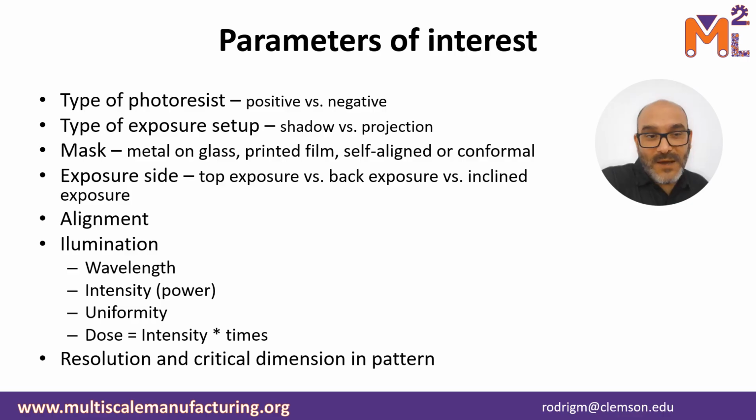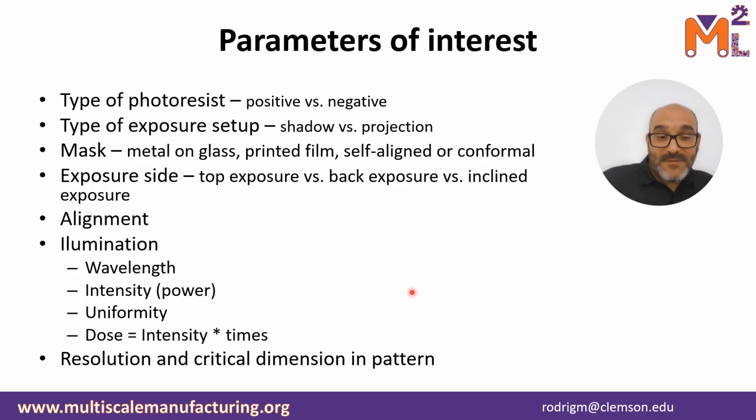So then you have the type of exposure setup, so you can have shadow versus projection. You also have variations on the type of mask, so it can be metal on glass, it can be a printed film, it can be self-aligned, it can be a conformal mask, right? So there will be multiple ways to actually obstruct the light in particular locations depending on the structure that you want to get.